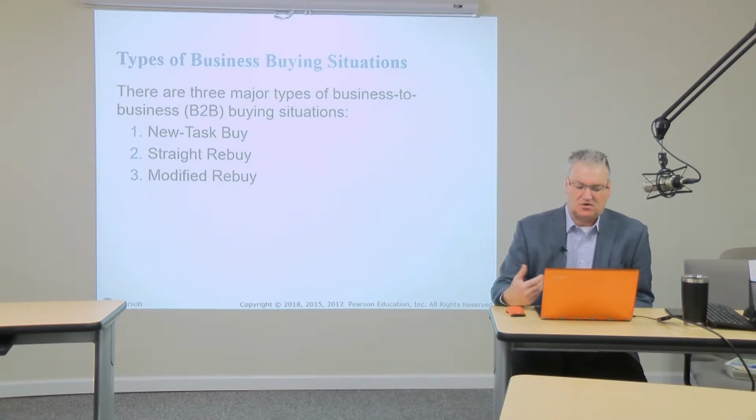Those types of things are wonderful because you've already got the relationship with the client. Now they're changing up their order, which typically is a good thing for most companies. Don't treat that like it's a hassle or a nuisance. I know a lot of people like the straight rebuy because it's simple, but there are a lot of margin opportunities in modified rebuys.